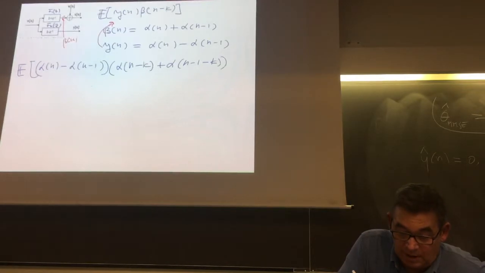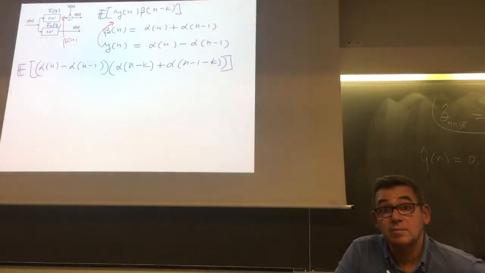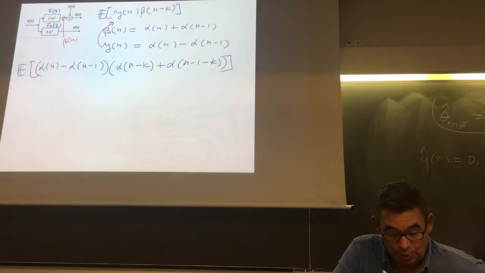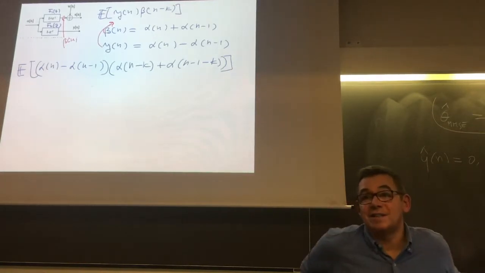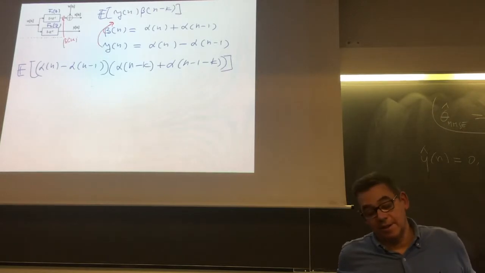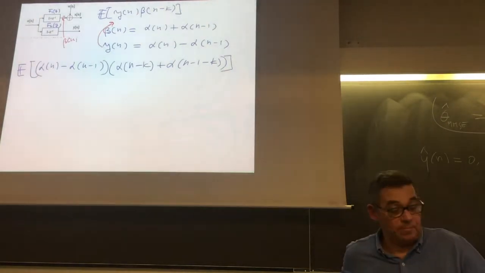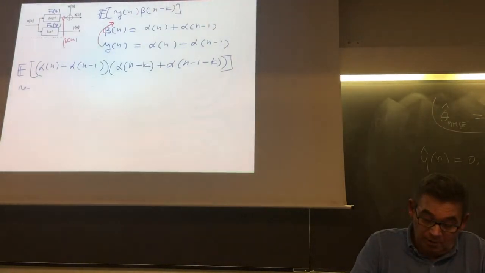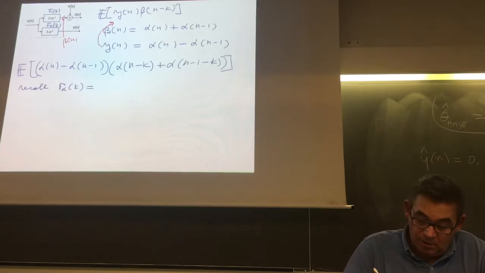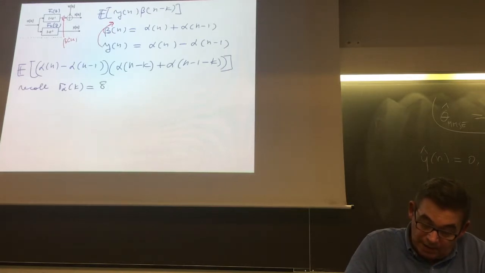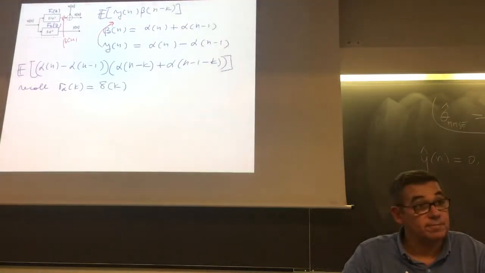We remember that k is equal to plus or minus 1. Okay? So everything depends on the autocorrelation of alpha, but the autocorrelation of alpha is a delta. So recall that the autocorrelation of alpha k is equal to delta of k.